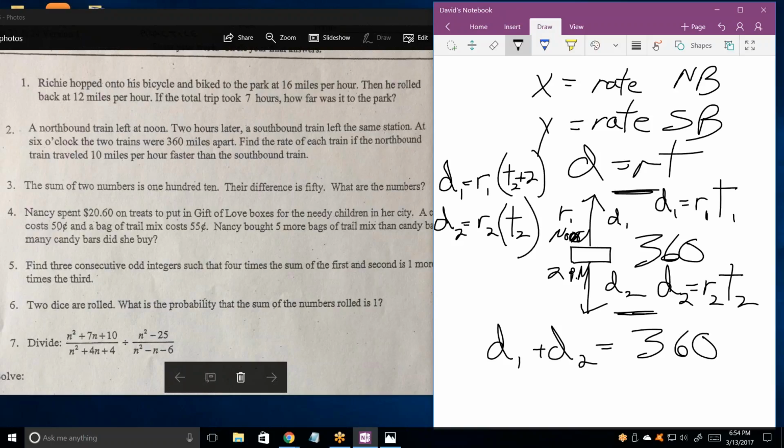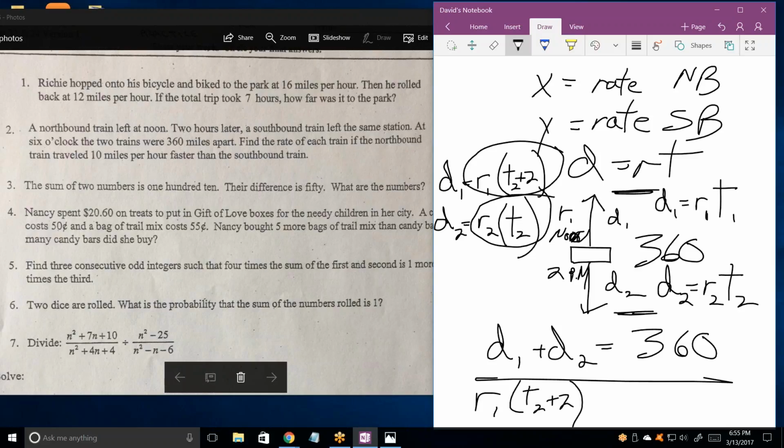I also know that d sub 1 plus d sub 2 equals 360. So I'm going to add that plus that and let it be 360. So I get r sub 1 times t sub 2 plus 2, plus r sub 2 times t sub 2.